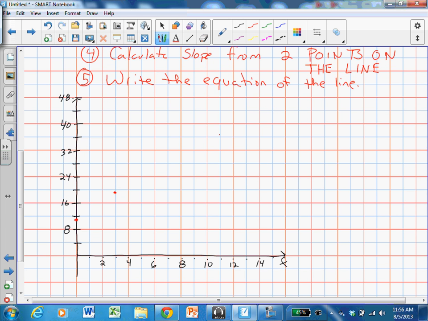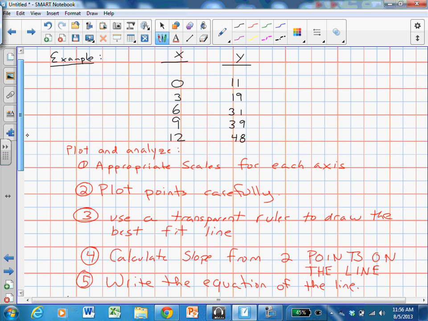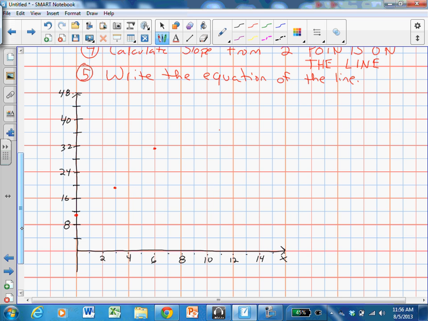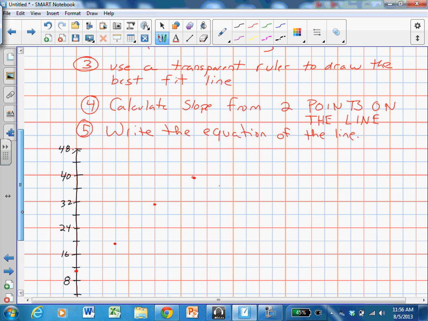So that would be about here. And then the next point after that is 939. So that would come out about here. And then 1248 would be right there.